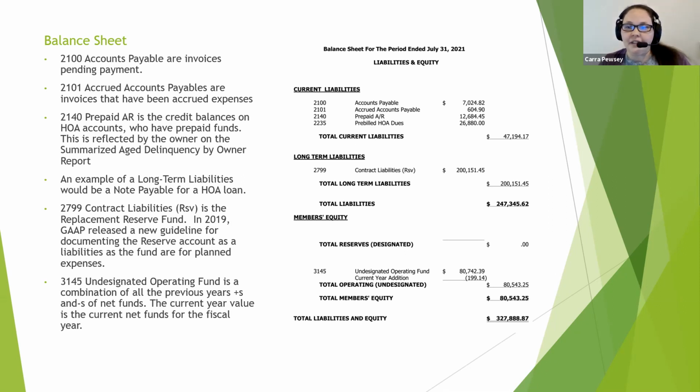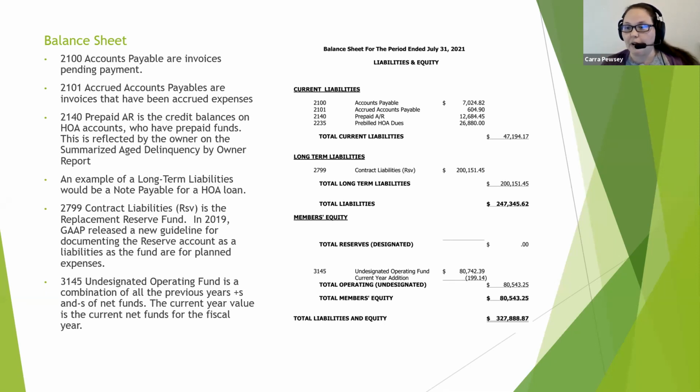So let's say the next year you run $10,000 over budget. You can use that operating fund to cover those losses if you have the fund. For this particular association, they pulled $80,000 forward from 2020 and they ended the year overall as a net profit.